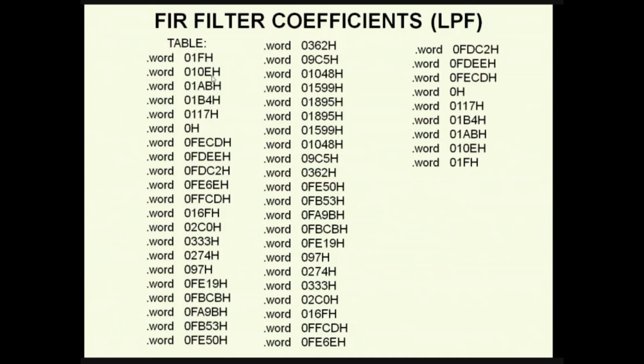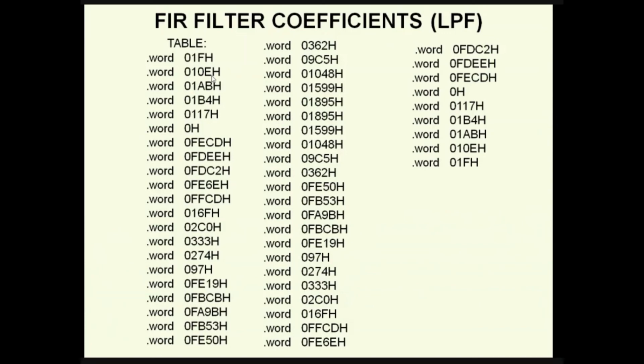But when you view this in the form of a hexadecimal number, as well as in Q15 format, you will get the exact filter coefficients: h(0) equal to 0.26, h(1) equal to 0.59, h(2) equal to 0.72, something like this. So all these numbers are Q15 representations, which is very interesting.